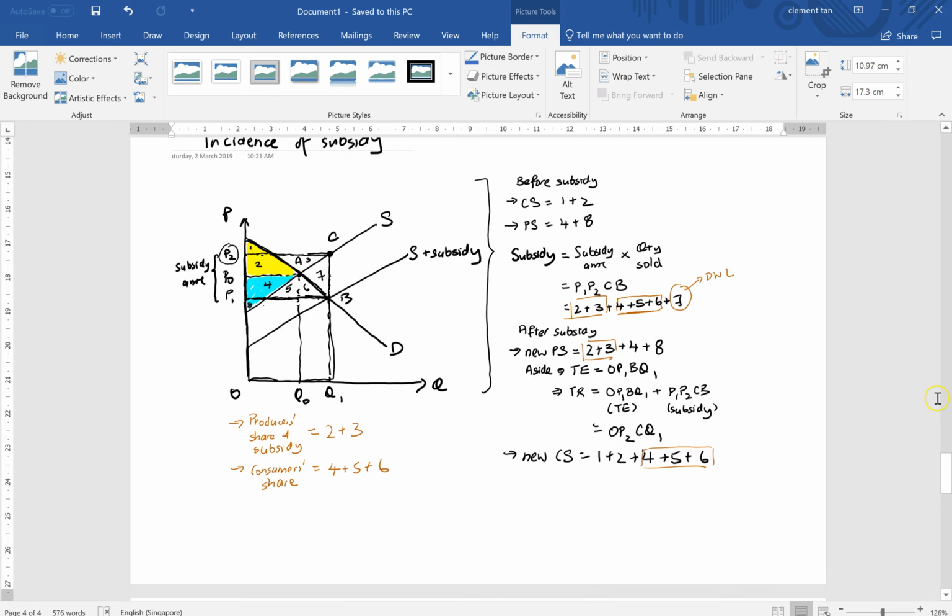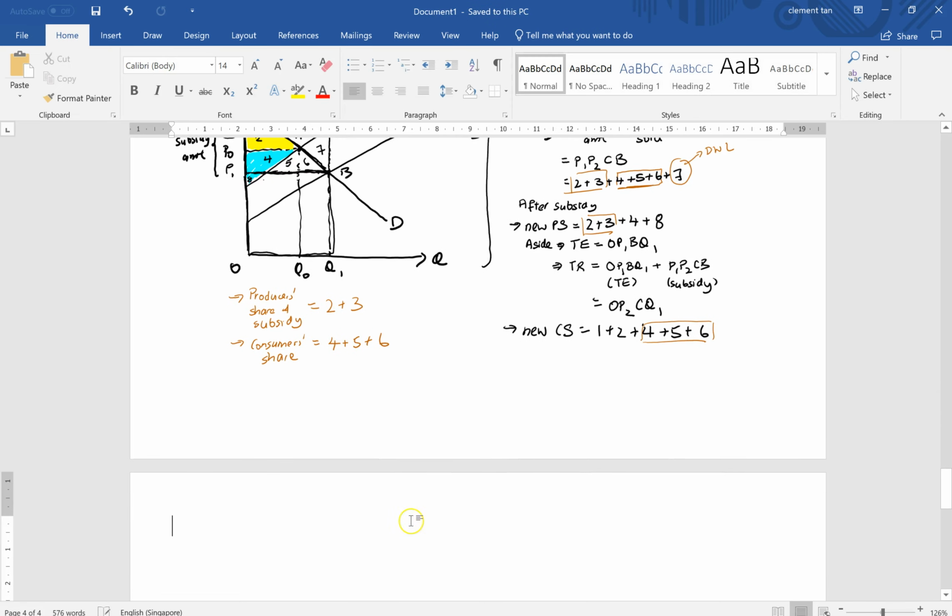Okay, now same thing again. Who bears the biggest share? We're talking about the incidence of subsidy already. So same thing again. I'm now going to draw 2 scenarios again: PD more than PS and PD less than PS, and then you'll be able to see the difference. You want to try yourself also? Okay, you try yourself first.